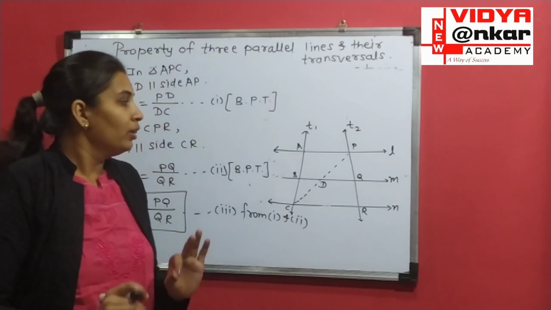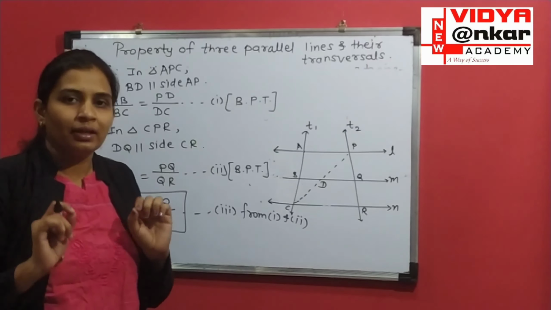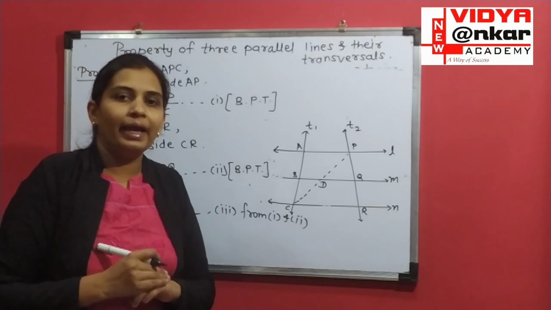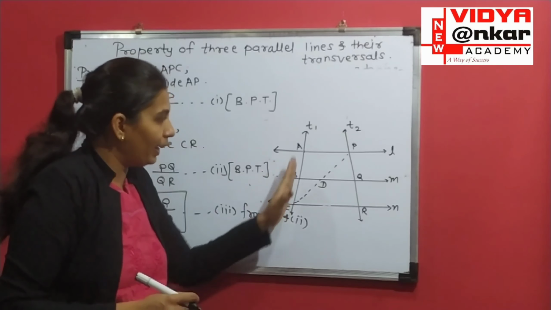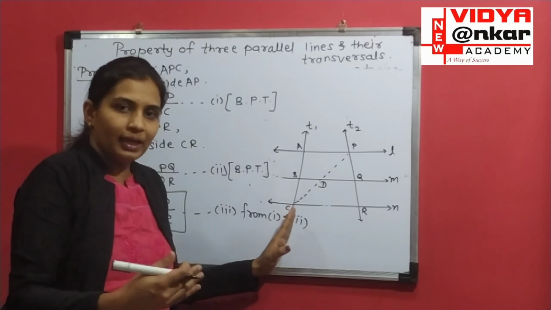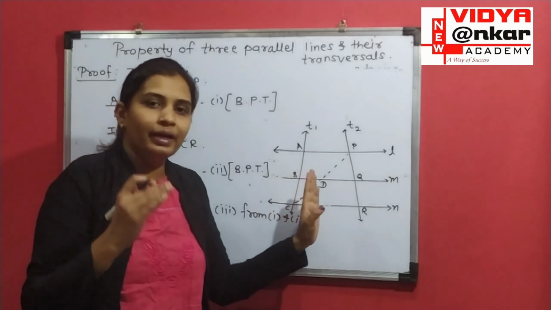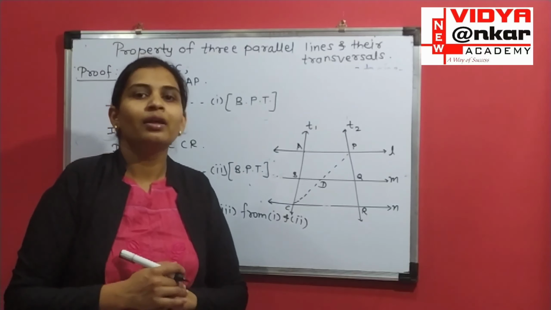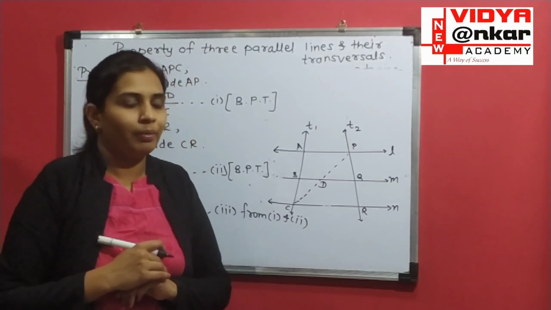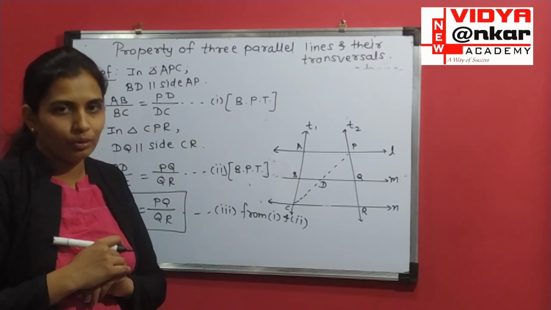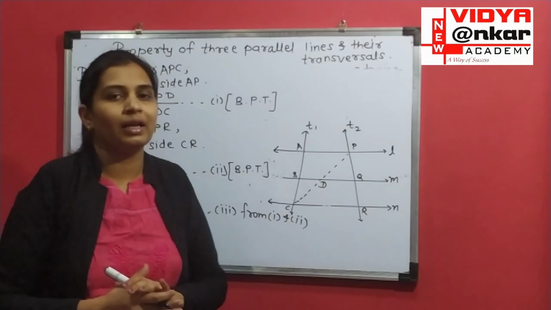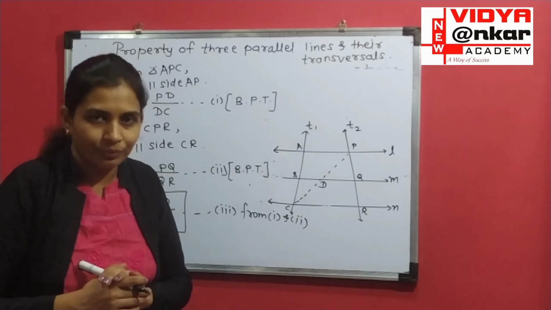It means that the theorem indicates that the intercepts made on any three parallel lines by any transversal are equal in ratio to the intercepts made by any other transversal on the same parallel lines. Okay. Now students, this is a property of three parallel lines and their transversal.